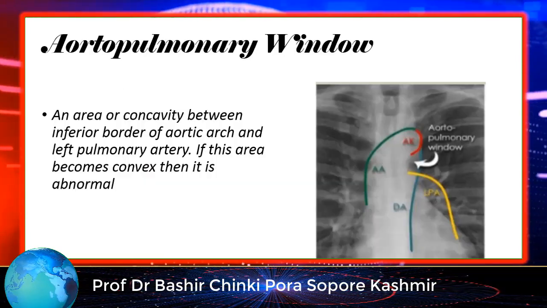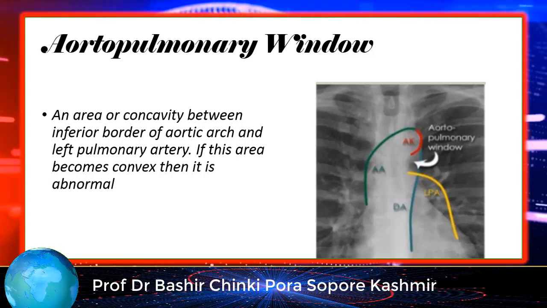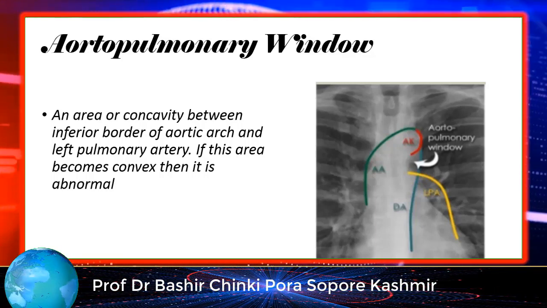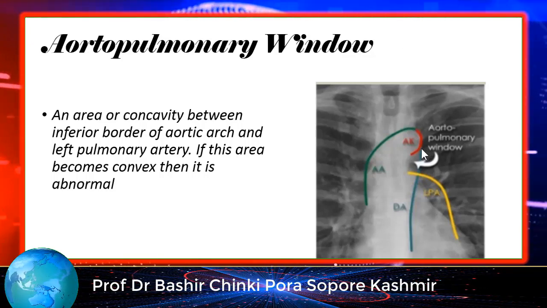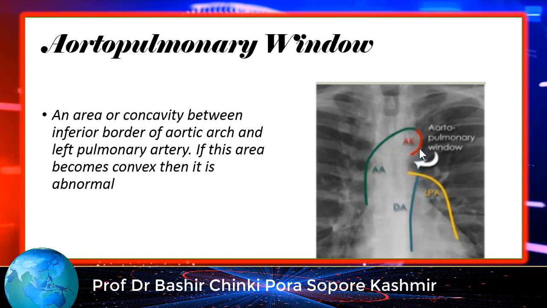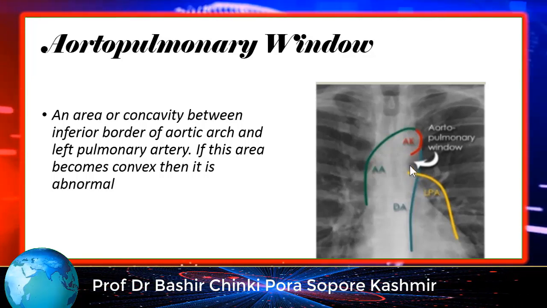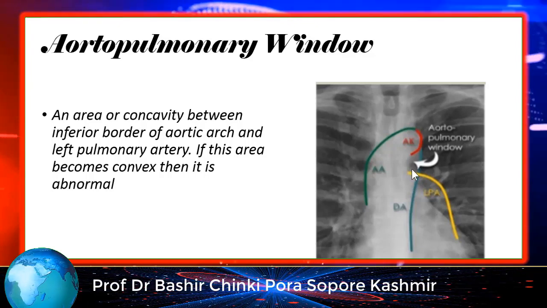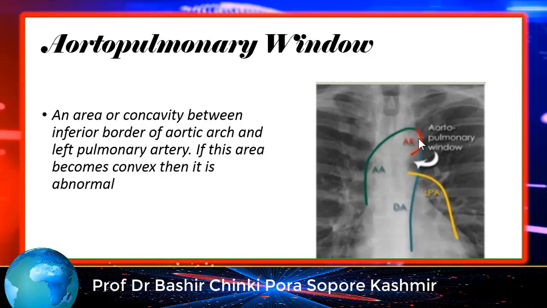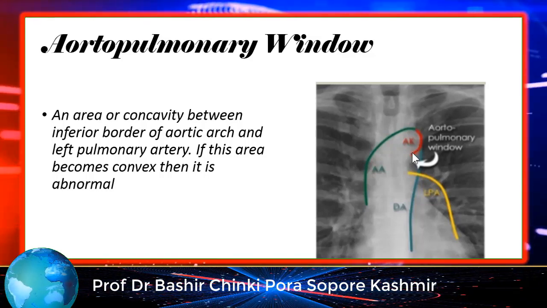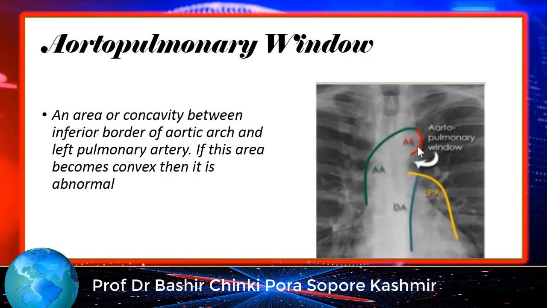Now let us talk about aortopulmonary window. The aortopulmonary window is seen on the PA view of chest X-ray as concavity. So you can see here the concavity which lies between the inferior border of aortic arch. So this is inferior border of aortic arch.